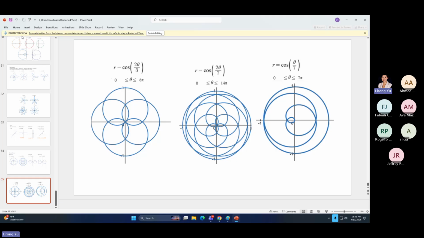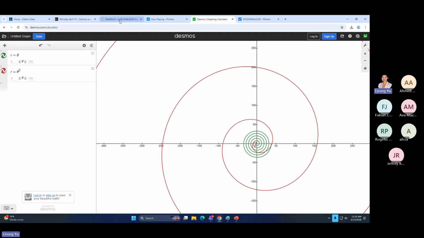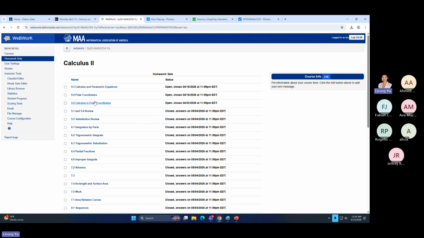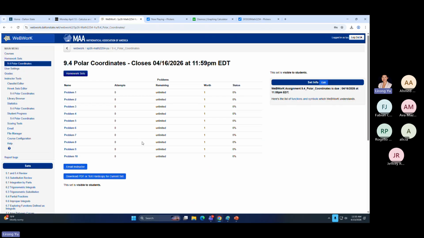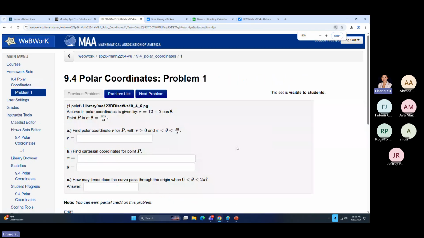Any questions? This side of the assignment is already done. If we look up the common example on polar coordinates, I assigned a lot of work on this.